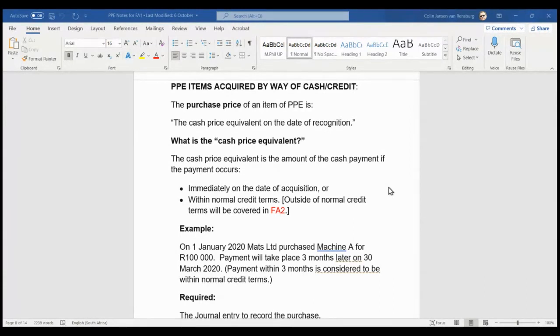Thank you, Sibusiso. In this particular case, it's not actually equipment. It is actually a machine. So if you are going to combine it with other machines, you will probably call that category machinery. If you are going to create a separate account for this particular machine, you're going to call it machine A. And then colon, and like Sibusiso mentioned there, as well as Kelsey, what does the account contain?